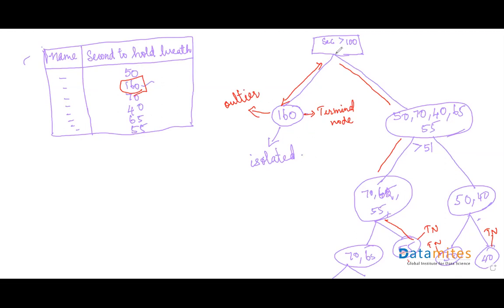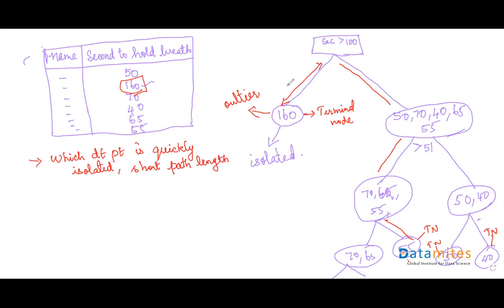Okay, so this isolation forest is going to see which data point is quickly isolated, and which has a short path length.